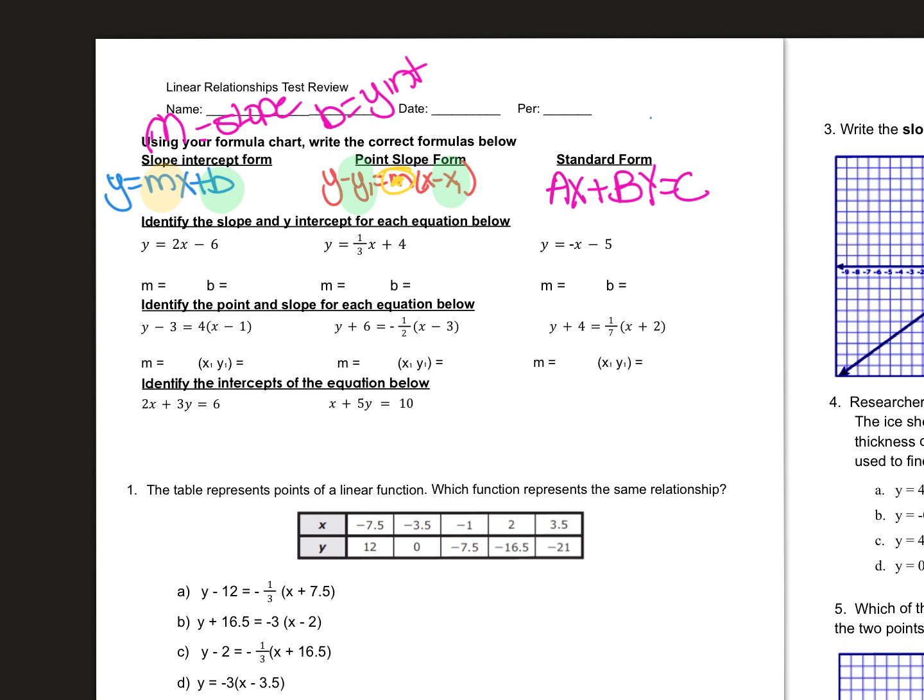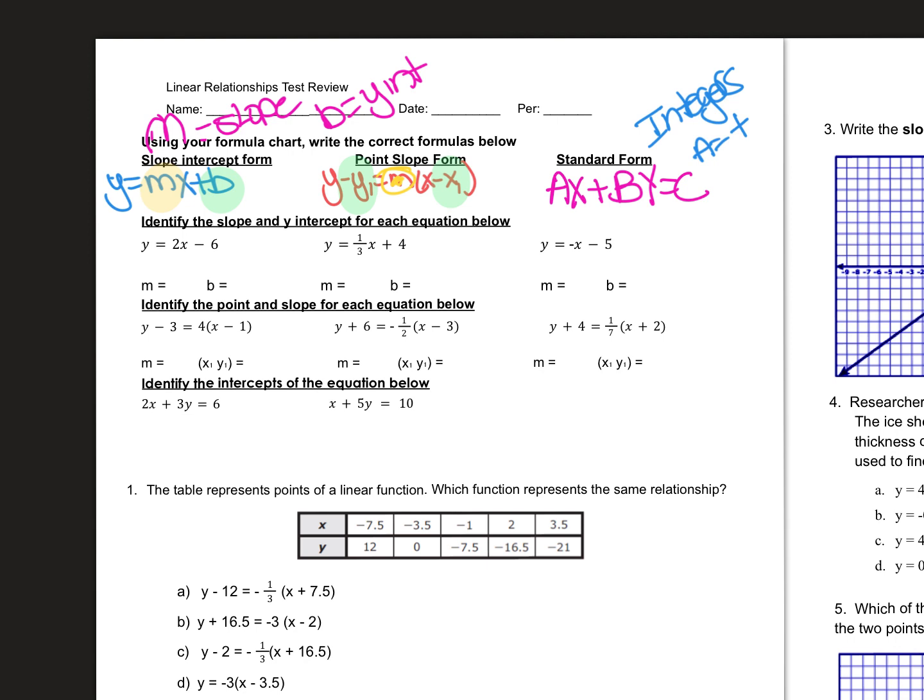Remember, a, b, and c, they are integers, okay? So frankly, no decimals, no fractions in a, b, and c. The other thing is a has to be positive, okay? Has to be positive.